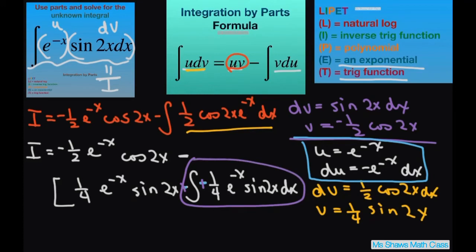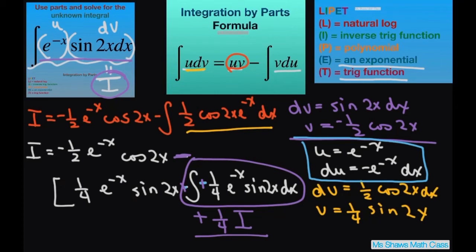If I look at this, this is the original equation I have, which I called I. So I'm going to let this be plus 1/4 I. I'm saying that now so I can write it on the next slide. I'm also going to have to distribute the negative.